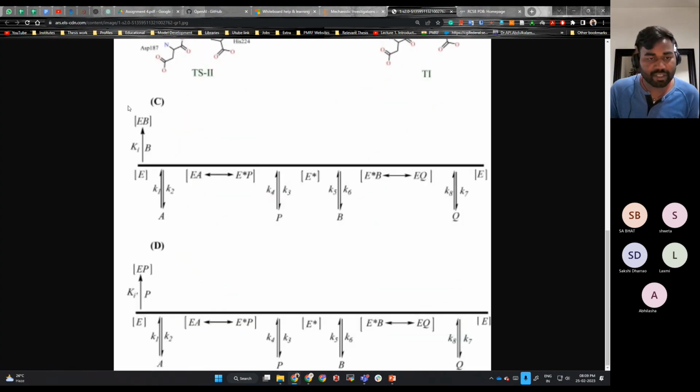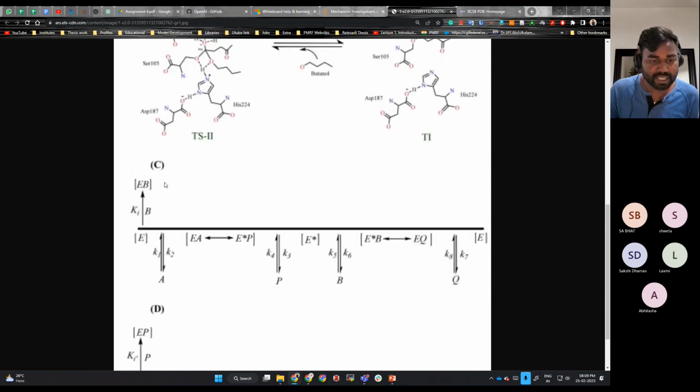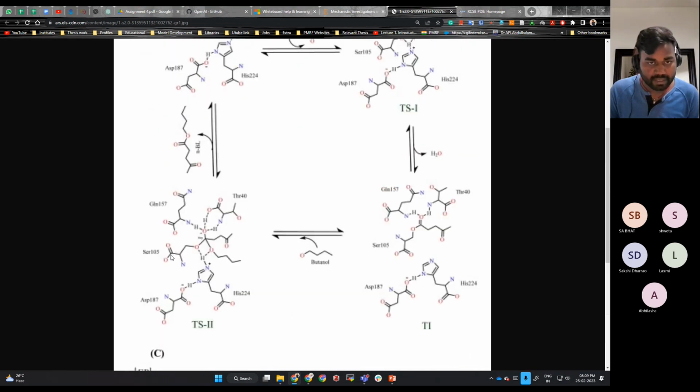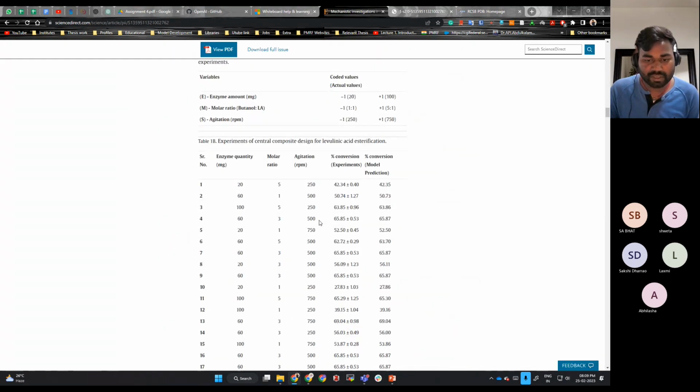And after that, we also noticed that the second substrate, which is alcohol, also inhibits competitively, and the first product of the reaction, which is water, also inhibits the lipase enzyme in a competitive fashion, right? So this is how we showed it.